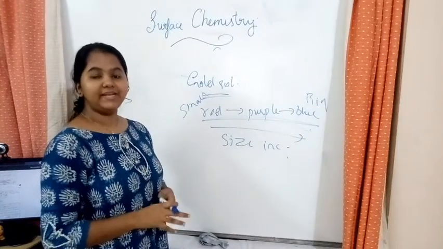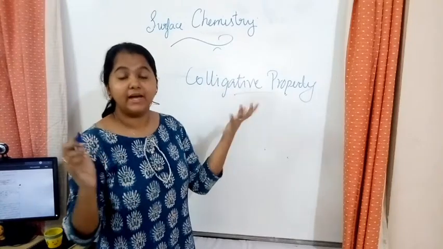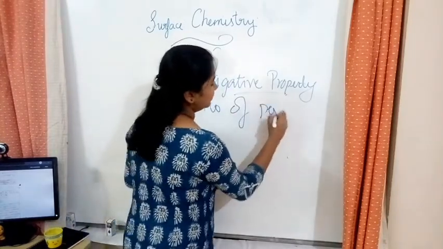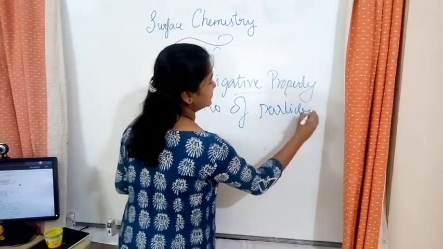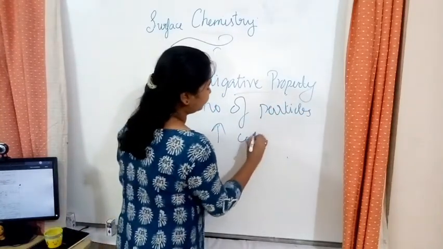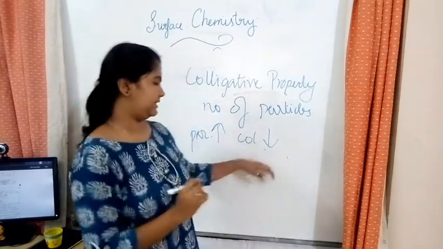So the next property is colligative property. We learned that colligative property is dependent upon the number of particles present. So as the number of particles increases, colligative property increases. This is particles and this is colligative property.